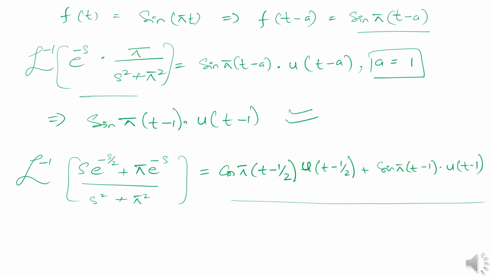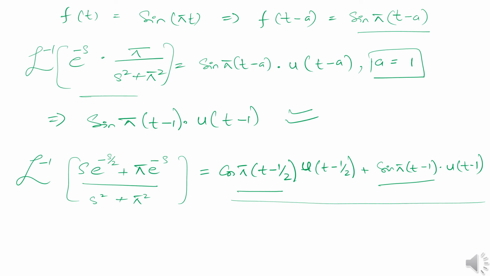So this may be the final answer, or you can even simplify it further, like applying the trigonometric properties to simplify these functions. We can do that, simplifying and then taking something common and solving the problem. You can leave it here. Up till here it's okay, it's fine.